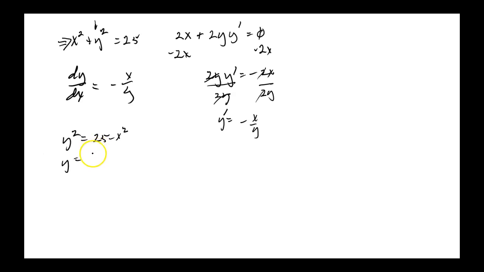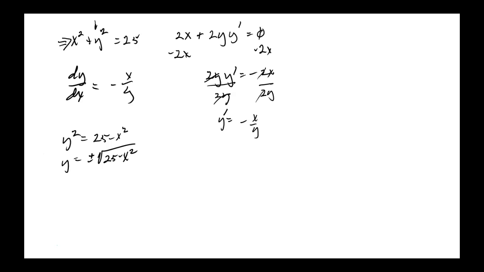Square root of both sides, and what does that give you? Plus or minus the square root of 25 minus x squared. And here is where we see it's not a function, because you have a plus and you have a minus. Now you can take either one of those separately and it would be a function.